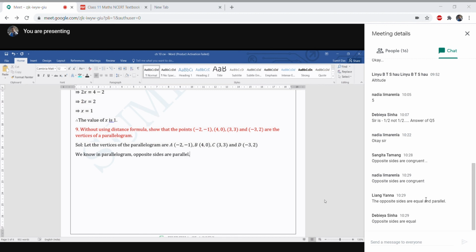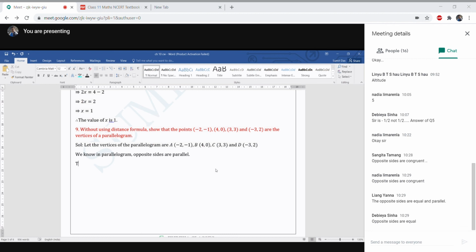Why am I using this one? Because we have the condition for parallel lines, right? So if suppose this is ABCD, and ABCD is the parallelogram, then we have to prove AB and CD parallel, and AD and BC parallel.